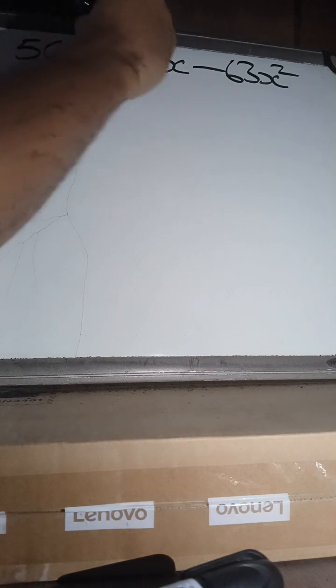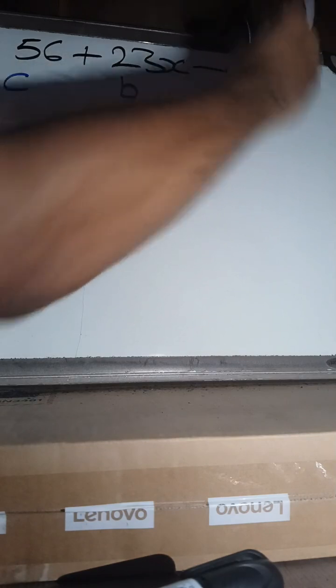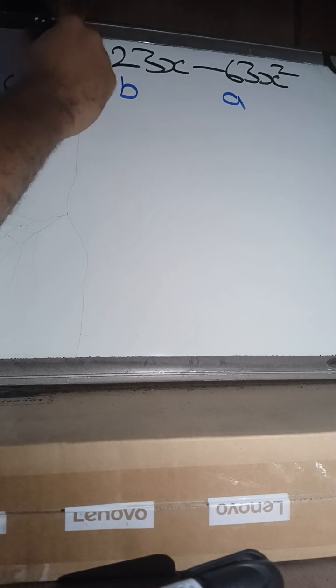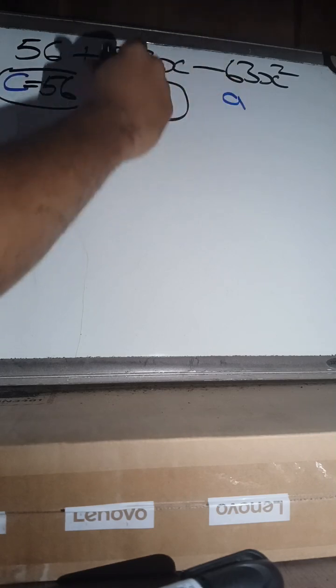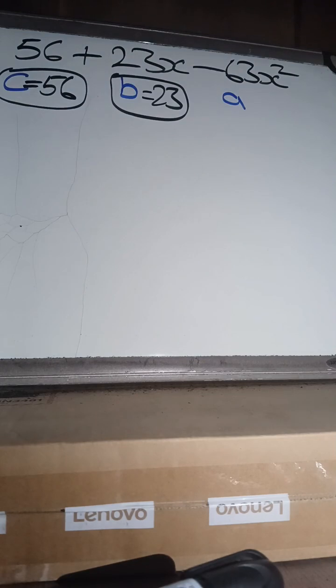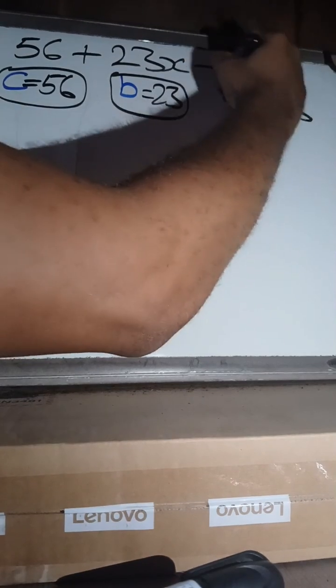This is our C, this is our B, and this is our A. Right? So our B is going to be, no, why did I say B? Our C is 56. Our B is 23, and our A is going to be minus 63.